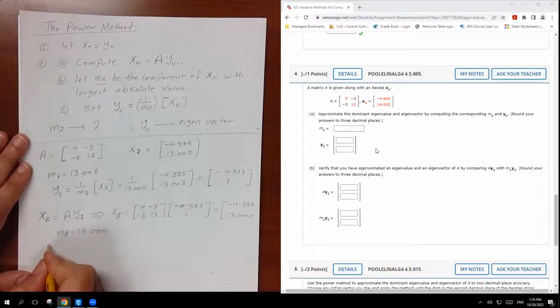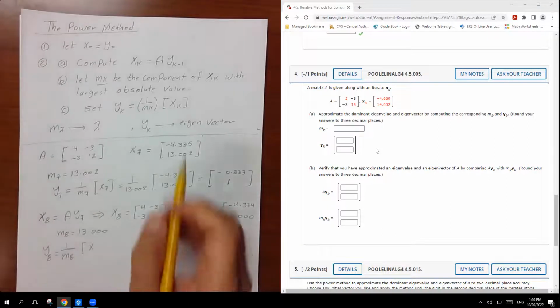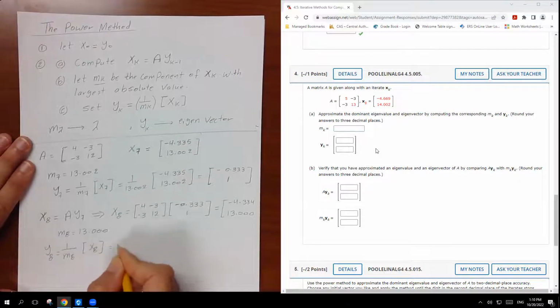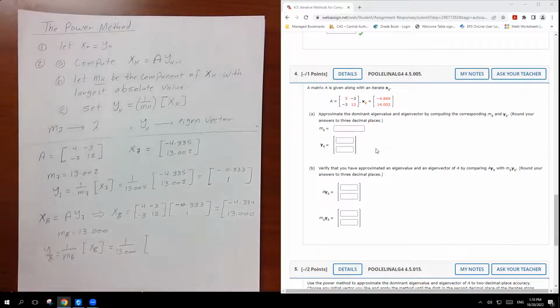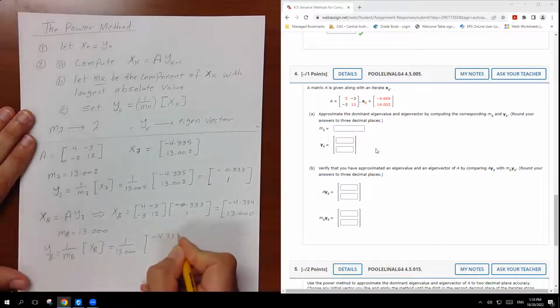So now we're going to find Y8 equals 1 over M8 times X8, which is 1 over 13 times X8, what we found here, negative 4.334 and 13.000.